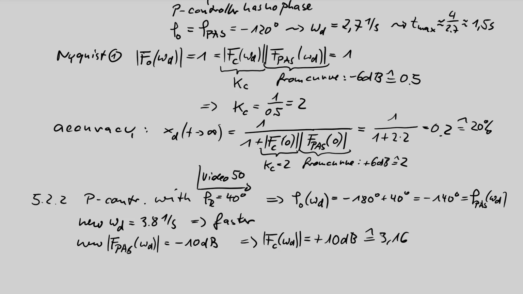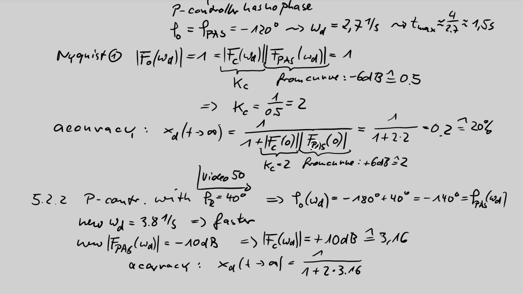So our accuracy indicator, you see, our XD with large times, then is 1 divided by 1 plus 2 times 3.16.